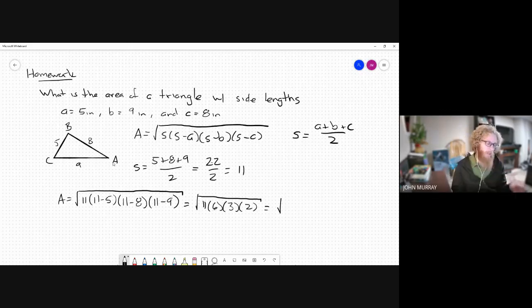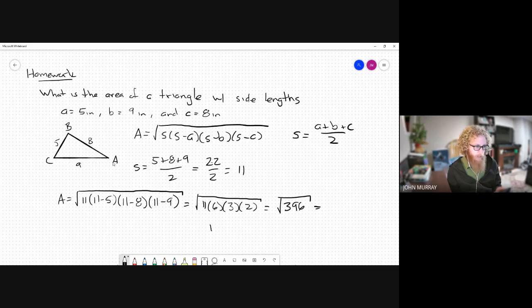36 times 11 gets us 396. And the square root of 396. Okay, so here I told you to round to 2 decimal places.